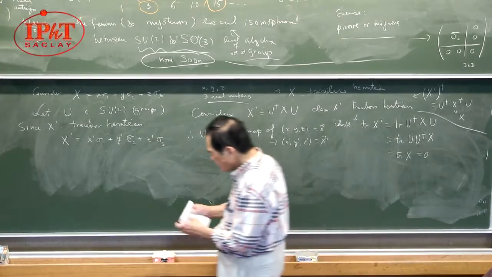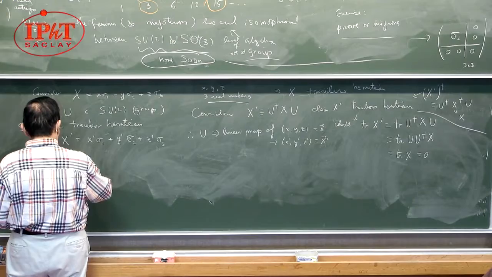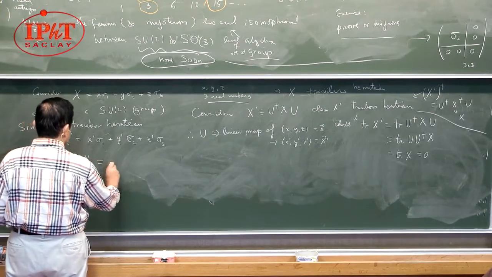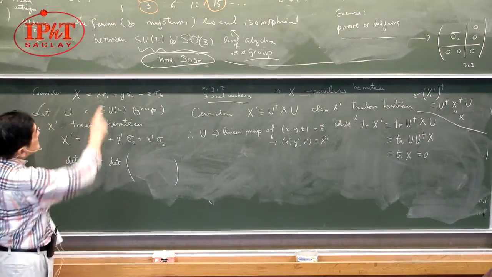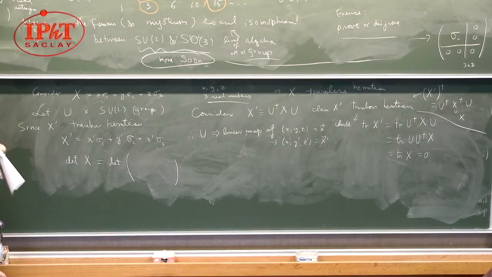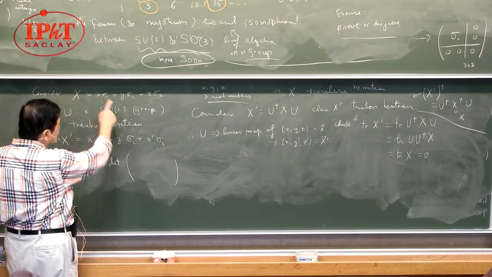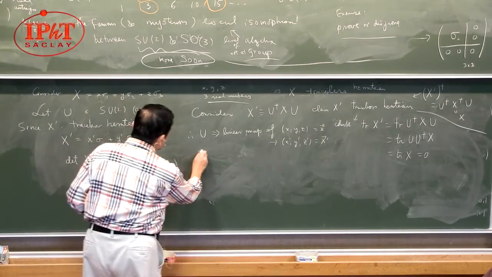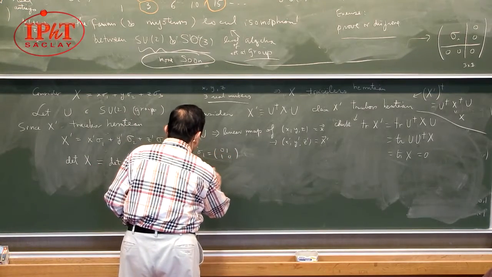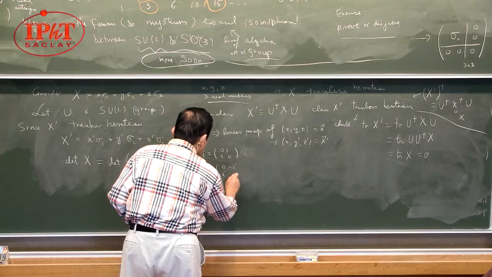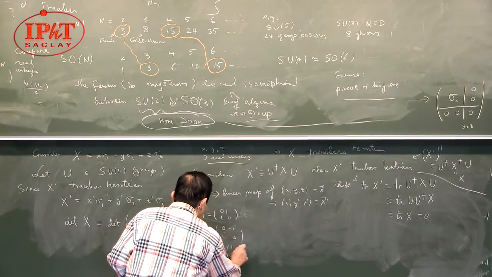Now the final step of the proof is to calculate the determinant of X. I erased the Pauli matrices, but I assume the students remember what they are. Let me just write them down quickly. Sigma 2 is equal to 0, minus i, i, 0, and sigma 3 is equal to 1, minus 1.